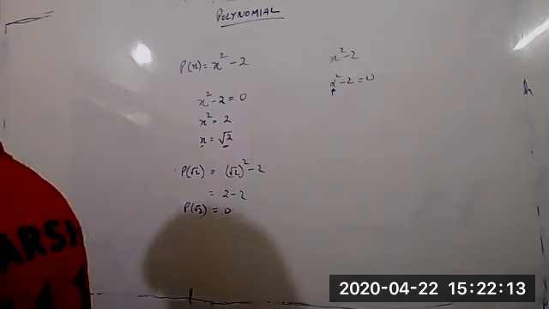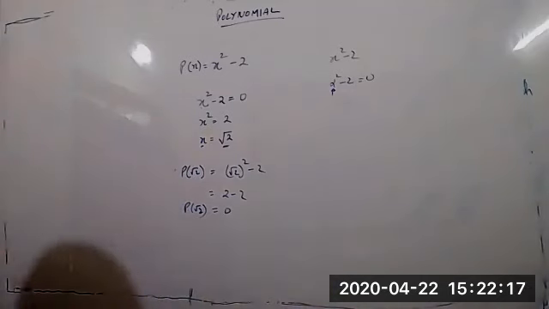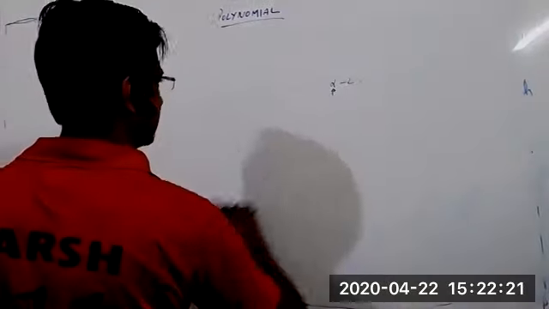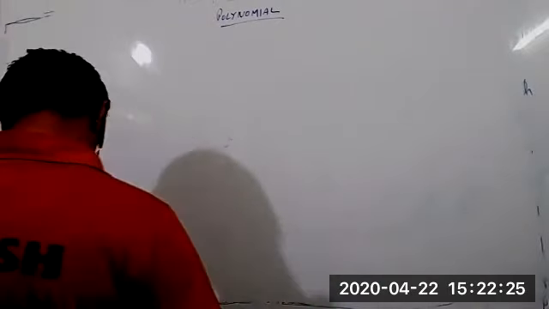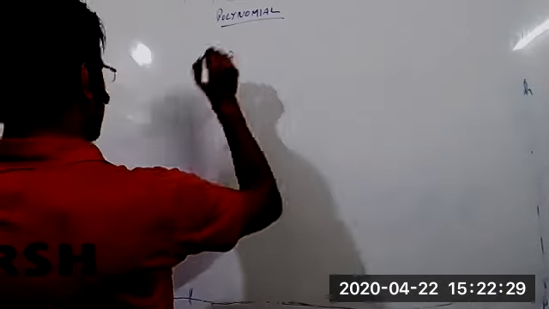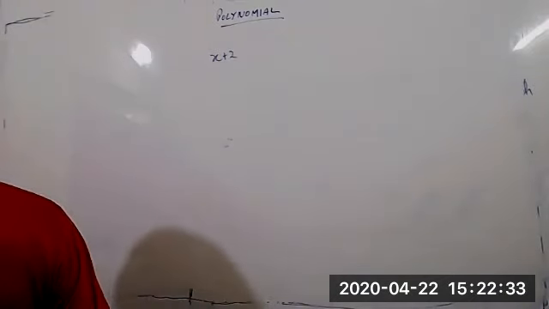So one question I will do, and then tell me the answer. It's very simple. You can do it. The polynomial is x plus 2. Tell me the zeroth value of this.